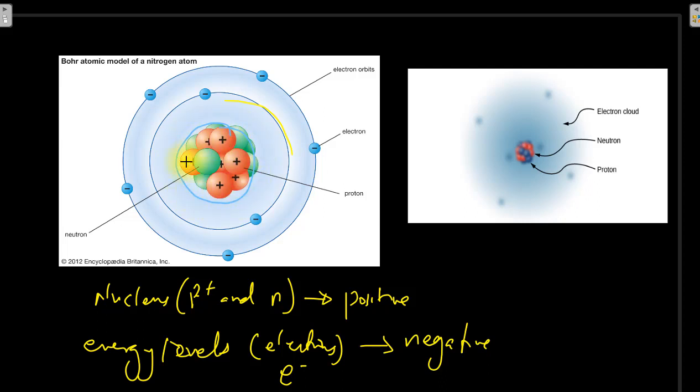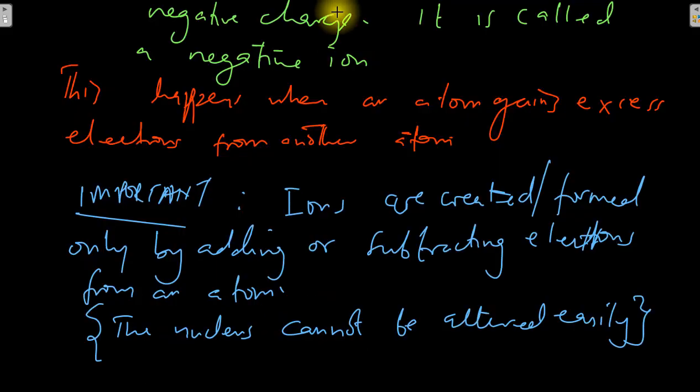It is almost impossible to alter the nucleus, but it's very easy to take off some of these electrons or to add more electrons to the atom to make it an ion. And so with this background in mind, we are now ready to understand what happens during electrification, because it all happens at atomic scales and it is manifested at a macro scale where the whole object becomes charged.